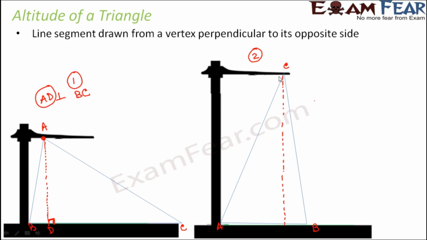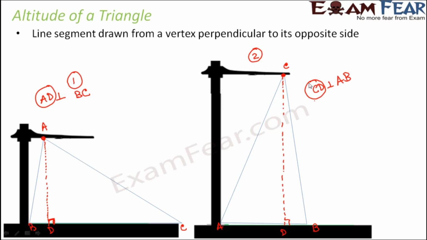Similarly, in this case, we are measuring the altitude from vertex C, because this is how the triangle is positioned right now. From vertex C, you draw a perpendicular on the opposite side, that is AB. Let's call this point D. So in this case, CD is perpendicular on AB. Therefore, CD is the altitude of the triangle.